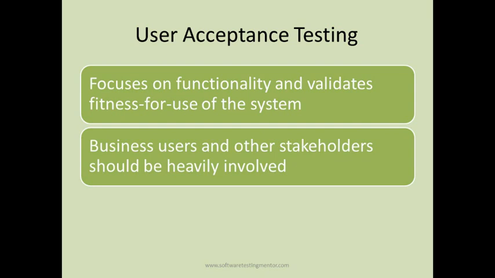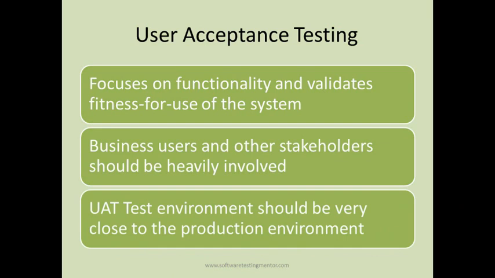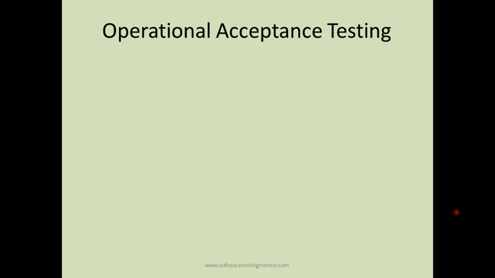So business users and stakeholders should be heavily involved in user acceptance testing. Then the UAT test environment should be very close to the production environment. We discussed this in the previous slide as well, because if you want to get the actual picture of the software in the production environment, it should be very close to it.